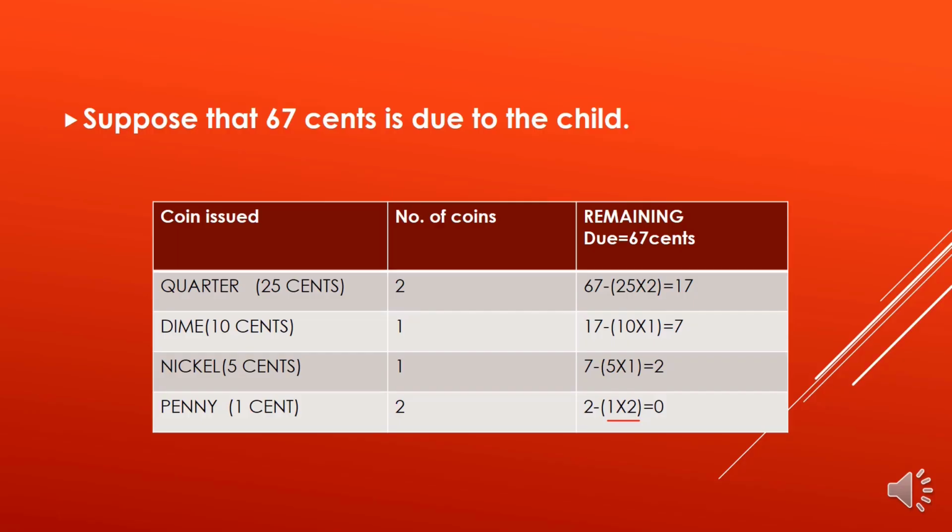Now suppose that 67 cents is due to the child, then how is he going to give the change, given that his aim is to give the minimum number of coins. So here you can see that the objective function is the minimum number of coins to give.